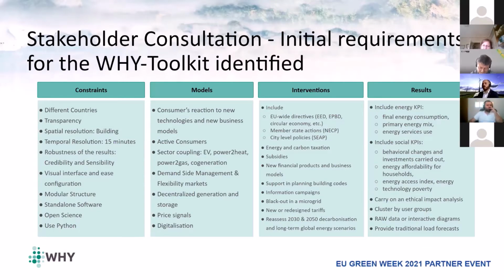We need to show where the data comes from, which assumptions were used, and how those assumptions and data relate to the results. That once we give somebody the results, they can say, okay, that's the framework in which the results were created. From a technology point of view, all of today's technologies and the main future trends should be in the models.